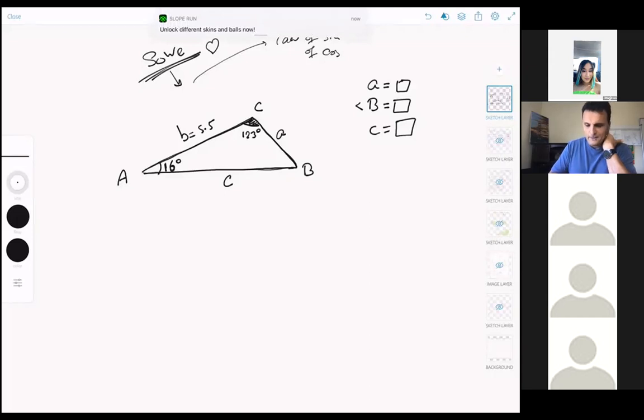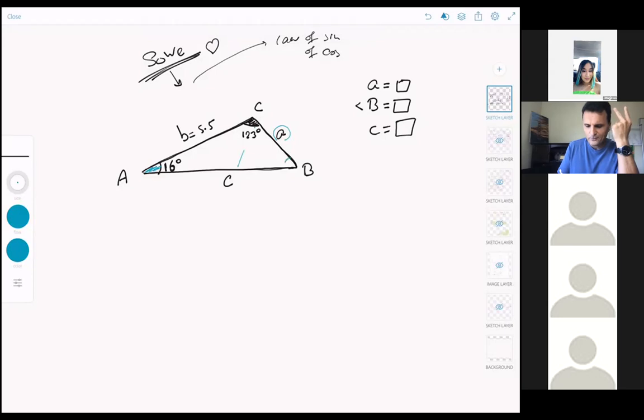So what's happening here? Which law should we use? What's the easiest one to solve here? Can't we use the law of sines because we have two angles, right? So let's try it. If you say sine of 16 divided by A, one unknown, sine of 123 divided by C, we have two unknowns.